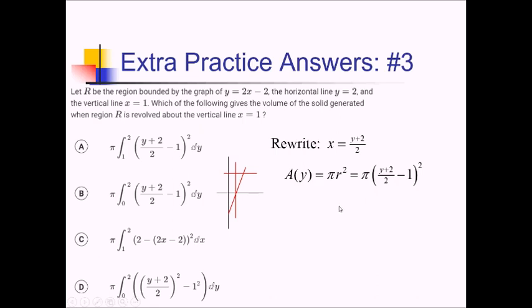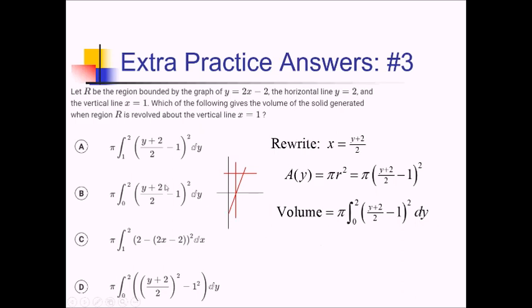So now taking the integral of this thing, again I'm going to be going from 0 to 2, and I can take this pi outside of the integral. I always do that so I don't have to mess with it inside. So we just have all the rest of the stuff inside now with a dy. And does that match any answer choices? Well, we need 0 to 2 for the limits of integration.